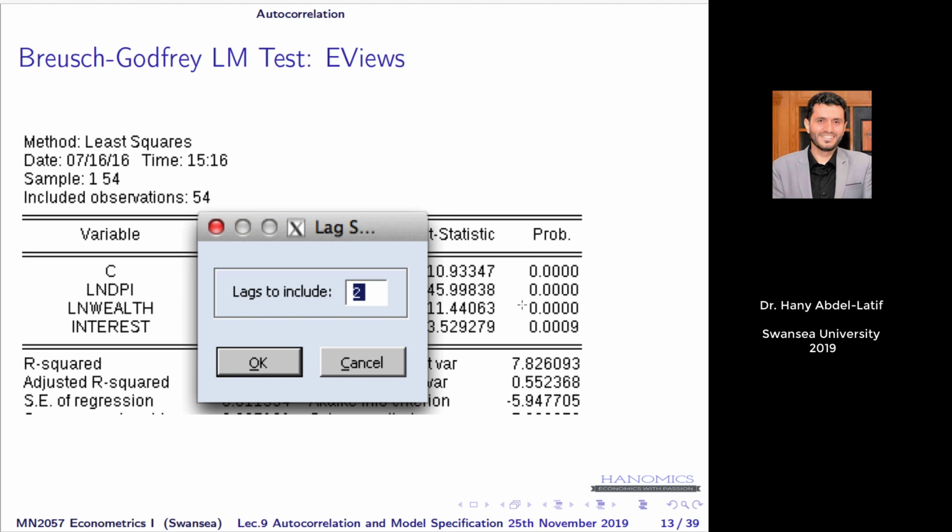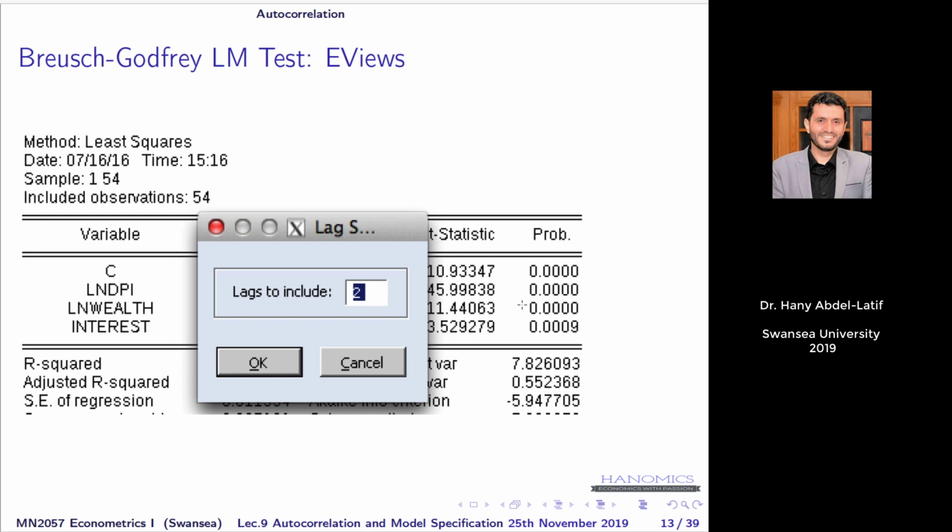What are these lags about? Does anyone remember? Yes, this is the error structure. We said with Durbin-Watson you assume you only go back one time period, t minus 1. But with this LM test, you can go back as many periods as you wish, or as you think is important.